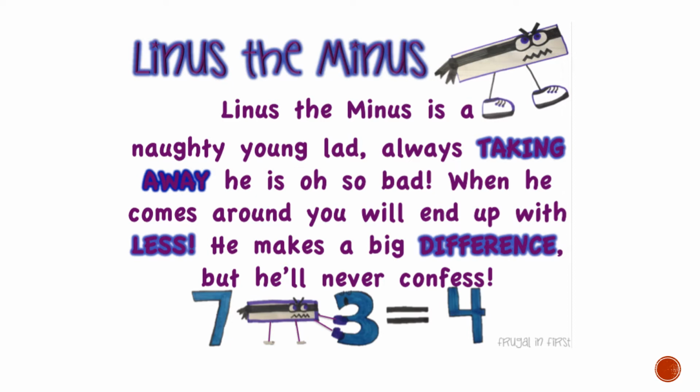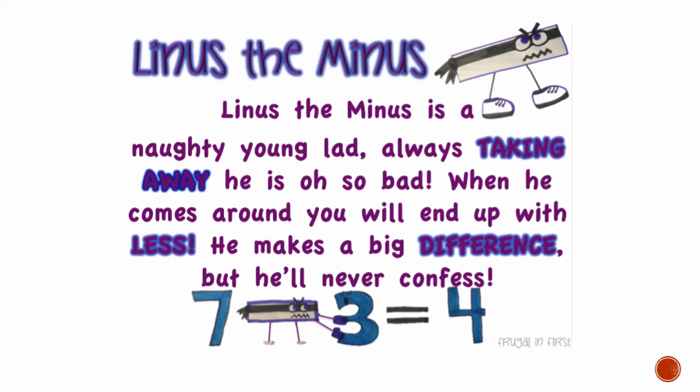He is oh so bad. When he comes around, you will end up with less. He makes a big difference, but he'll never confess. So we all know minus is where we must take away. So every time we are talking about minus, you must think about Linus.